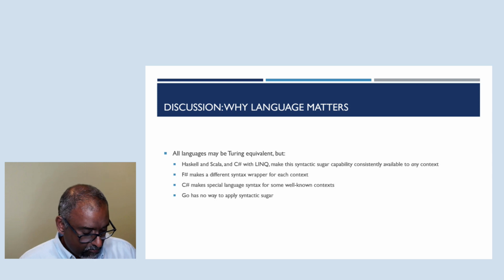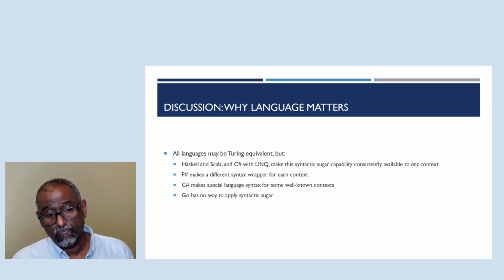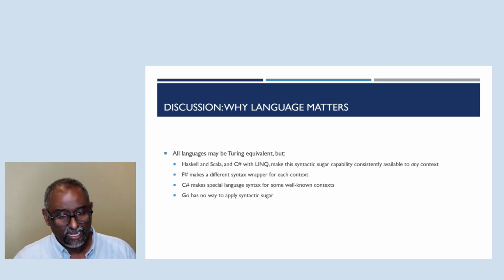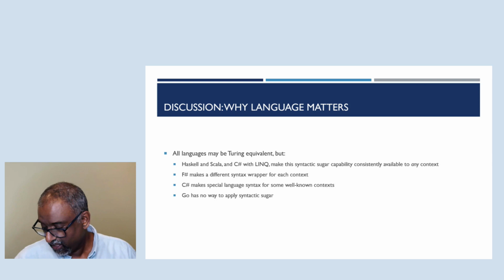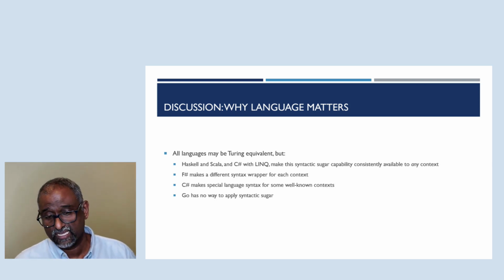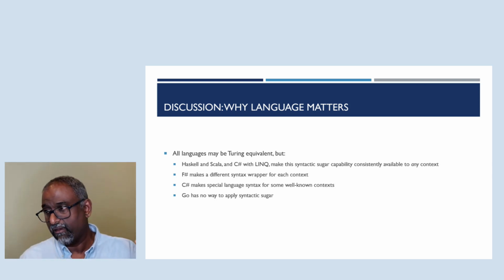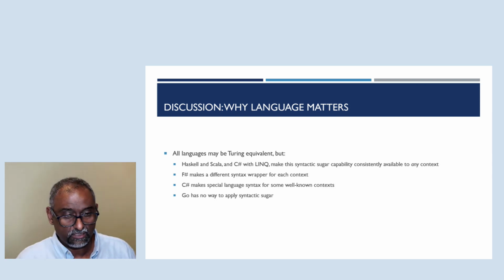So for example, with Haskell and Scala, all of these continuation chains, independent of the context, have the same syntactic sugar capability. You can basically lift the context of any continuation chain and make it look the same with Haskell and Scala.